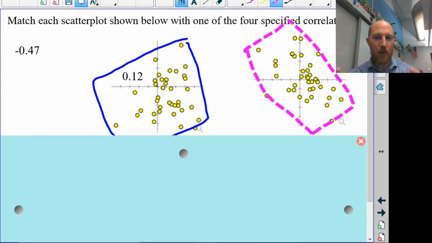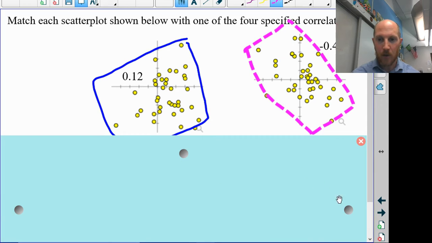The dots do seem to be clearly showing a pattern. That's a pretty wide rectangle, but I can clearly see that as I go across the graph, it is heading downhill. So I know this has got to be a negative. It seems like it's pretty weak correlation, so I need a negative value. And this is close to -0.5, which we said would be a weak correlation.